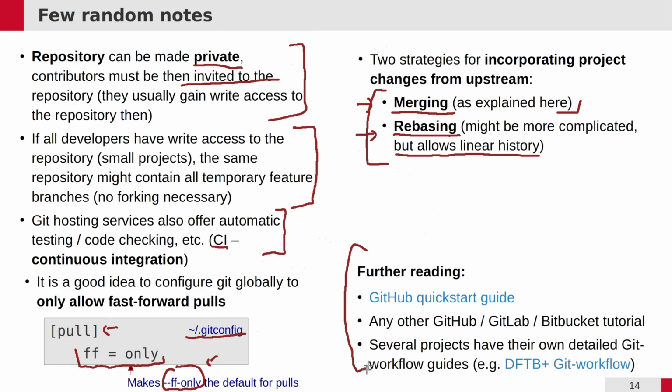Again, I can only emphasize what I already did in the previous video: just look up the documentation of the Git hosting sites. Basically, GitHub has a nice quick start guide. GitLab and Bitbucket have Git guides too, and they are very well written and very easy to understand. And if you are joining a project, check the project's Git workflow. At some point, usually every project mentions what their preferred Git workflow is.